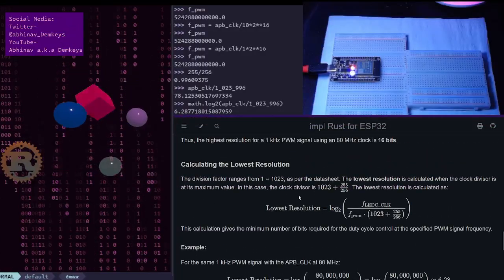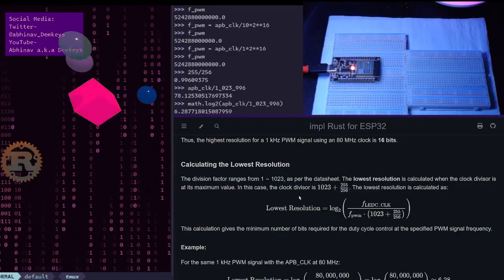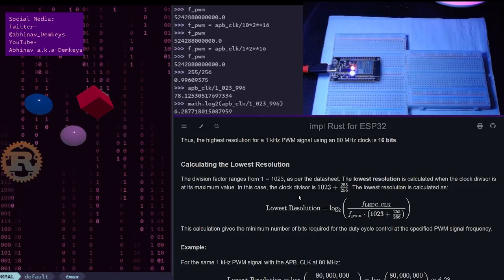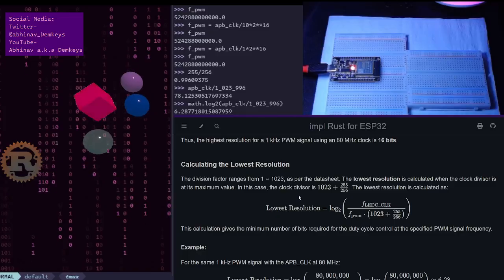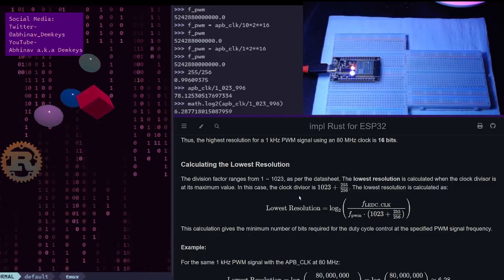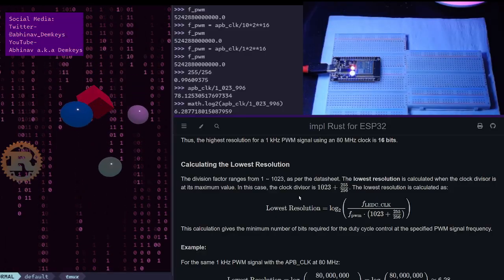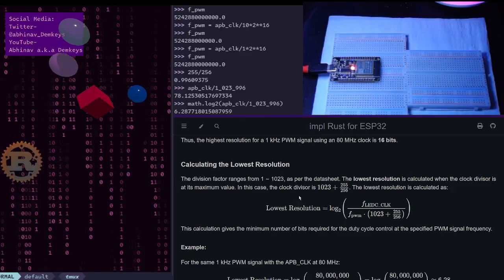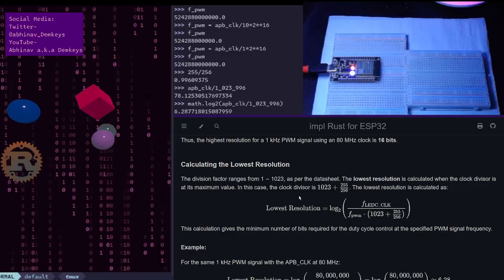So for a given frequency, addition is not going to be done first, right? So we need to group that up. Let's say h res equals log 2 of APB clock divided by what frequency did I say?